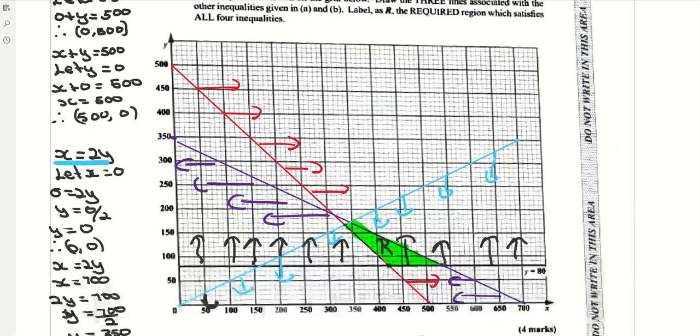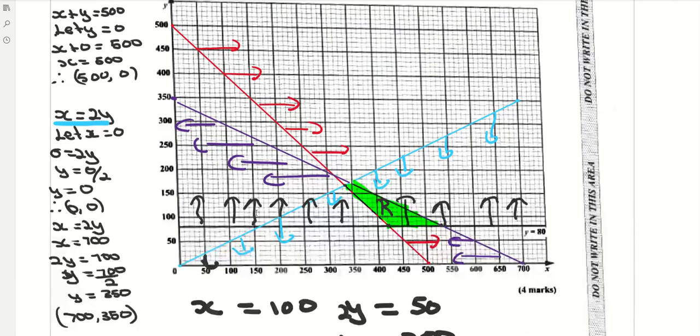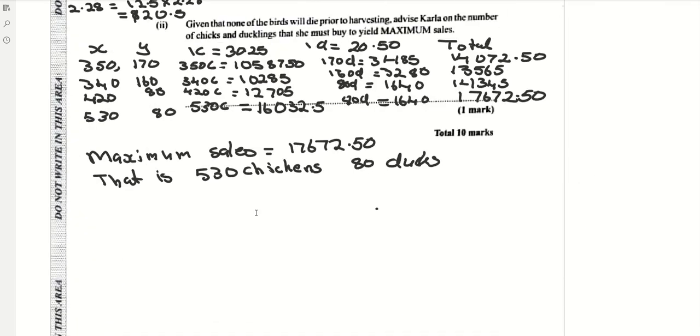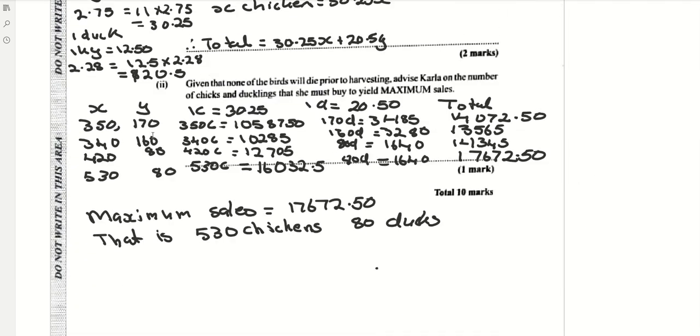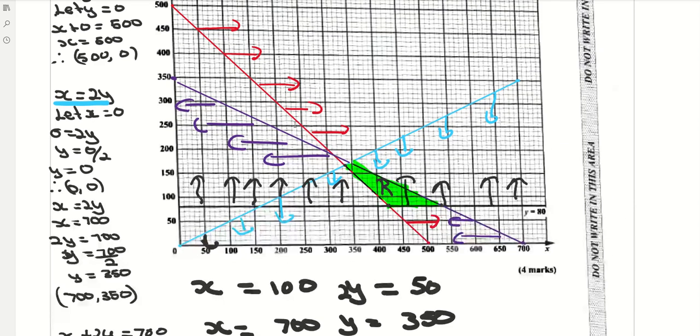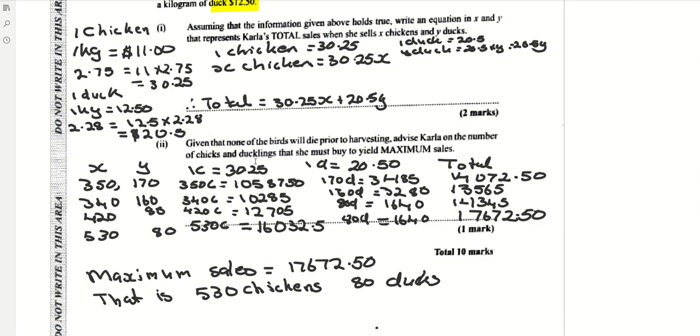So this region here, this point here, this point here, this point here, I already found out those points. One of the points is 350, 170: when x was 350, y was 170. When x was 325, y was 160, I believe.